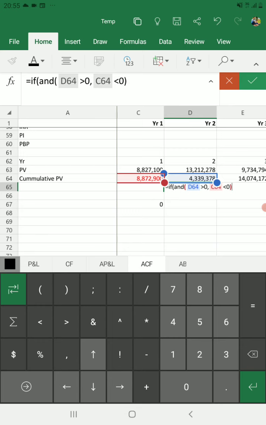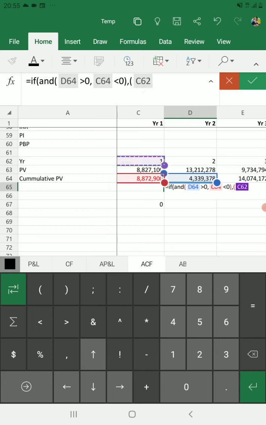So I put comma there, and then I click on the year figure of the previous period here, which is 1. Let me start with bracket first.